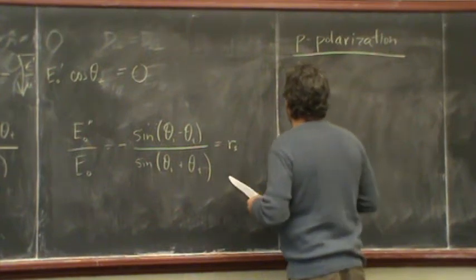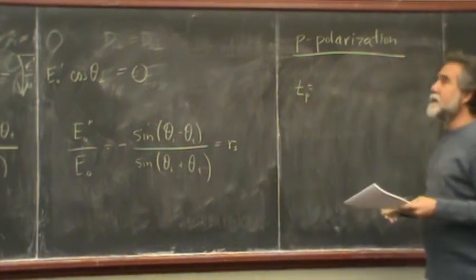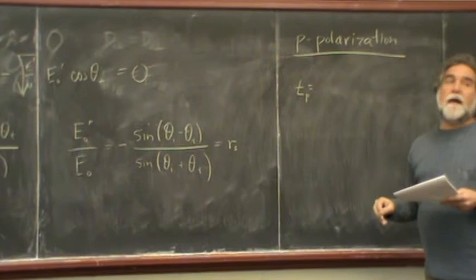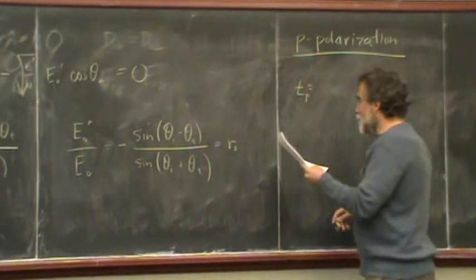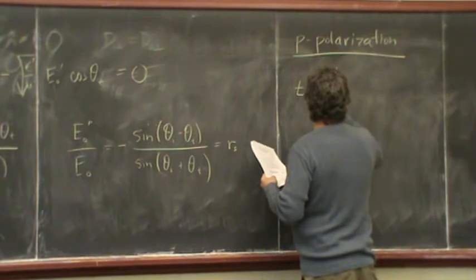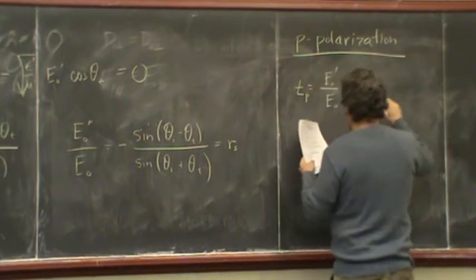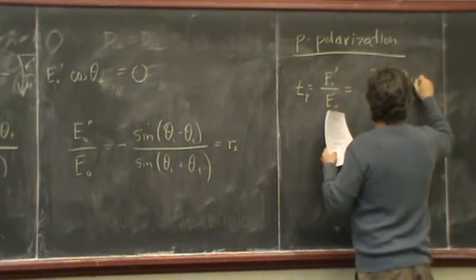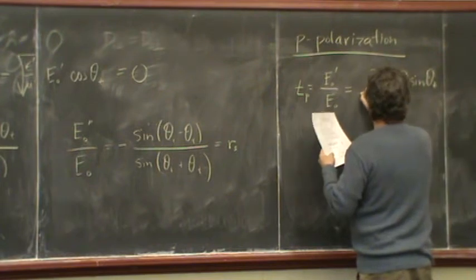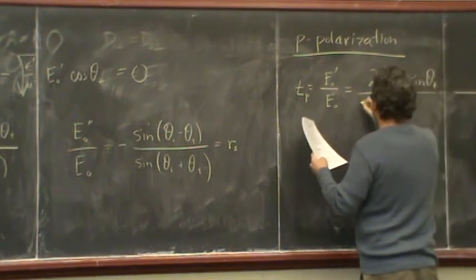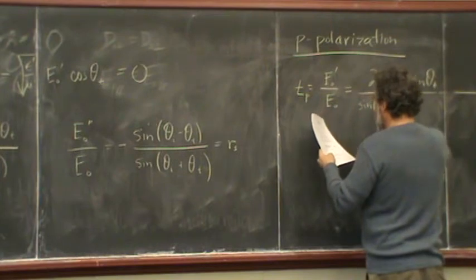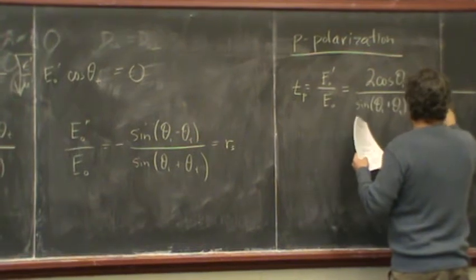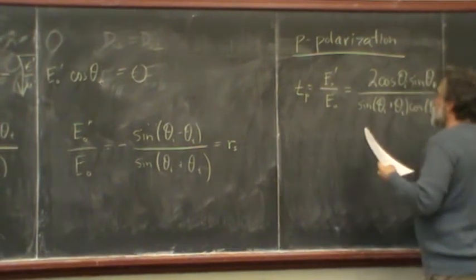For p polarization, and this would be TM fields, if you like, okay, is equal to 2 cos theta incident sine theta transmitted divided by sine theta incident plus sine theta transmitted cosine theta incident minus theta transmitted.